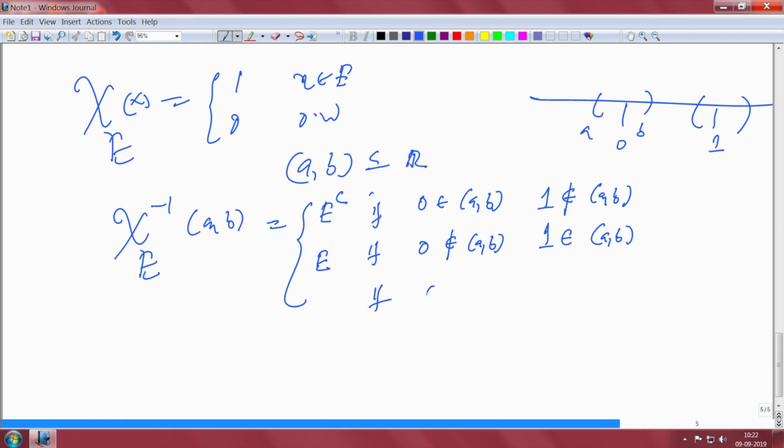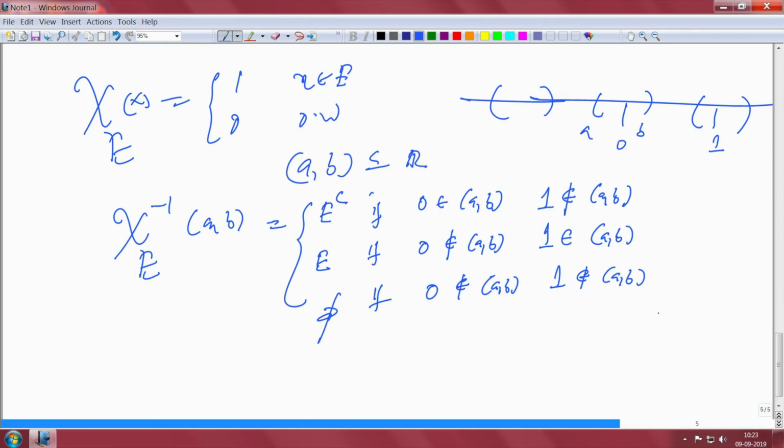What if 0 does not belong to AB and 1 also does not belong to AB? Then there is no value in this interval which is taken by chi E, so its inverse image is the empty set. These are the only possibilities.